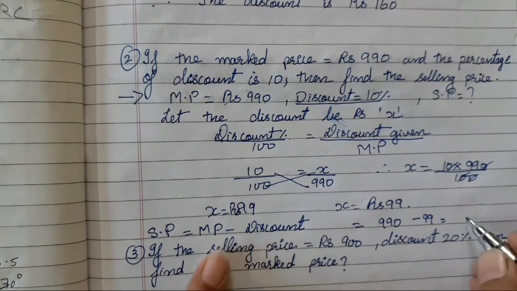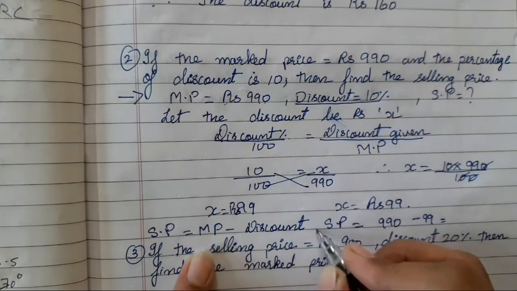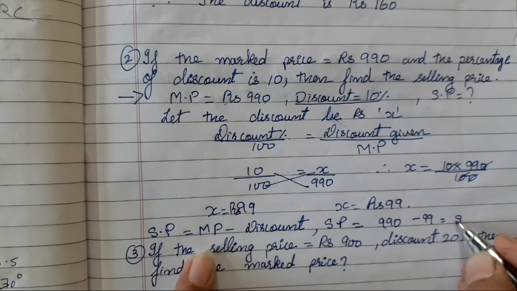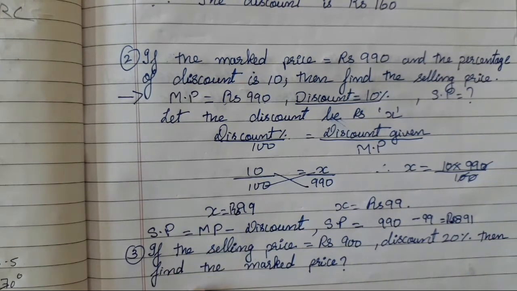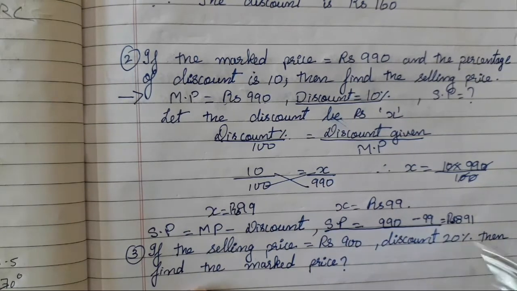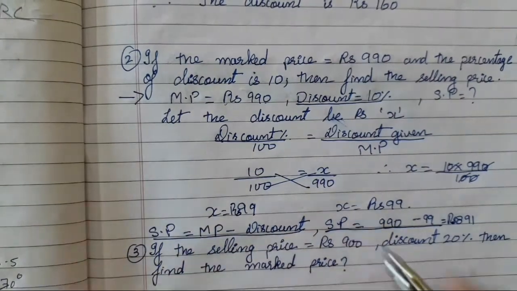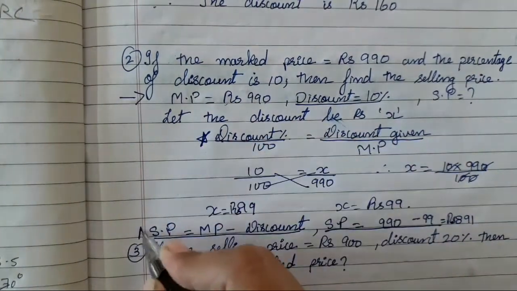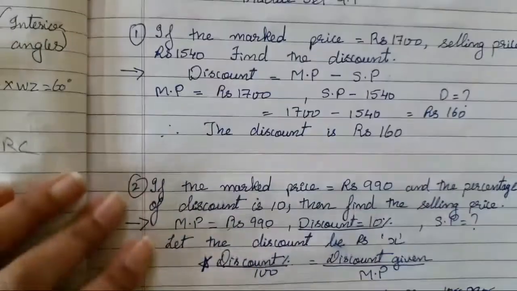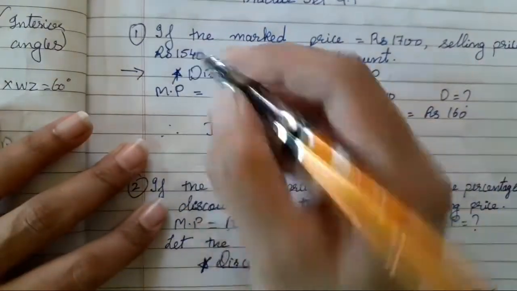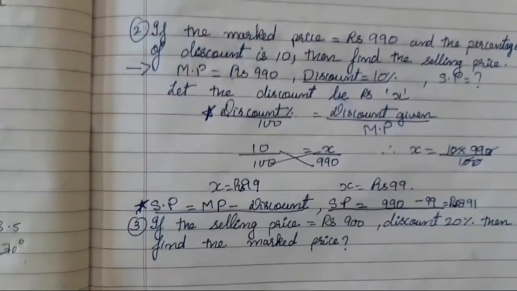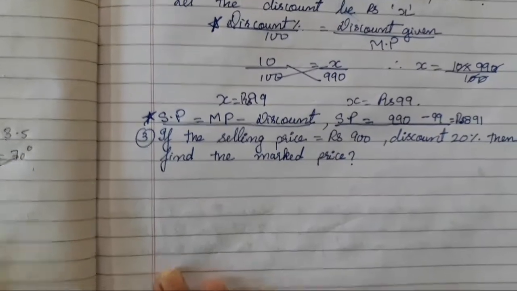So what is the selling price? SP is going to be 891 rupees. Is it clear, children? You just subtract using this formula. You will see that we now have three formulas. You all have to write them down on one sheet of paper, so that all the formulas are in one place and you can revise them time and again.